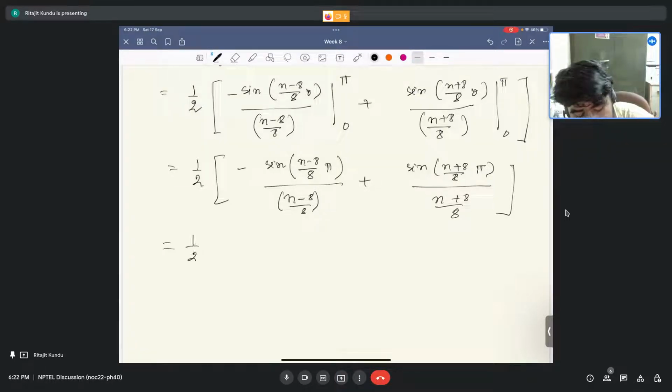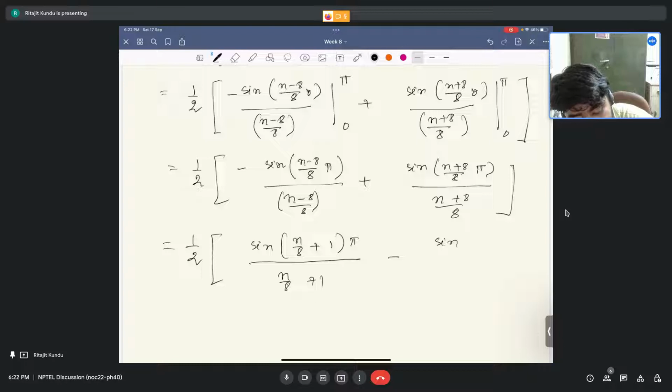So let's write the final form: sine of (n by 8 plus 1) times pi, divided by (n by 8 plus 1), minus sine of (n by 8 minus 1) times pi, divided by (n by 8 minus 1).